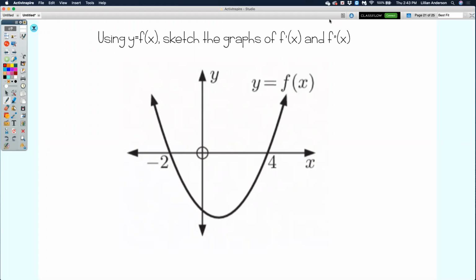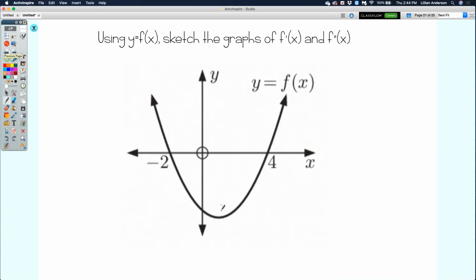So let's practice. We are going to sketch the graph of the first derivative and the second derivative using this function that we see here, okay? So let's pull out some critical points here on our original function.